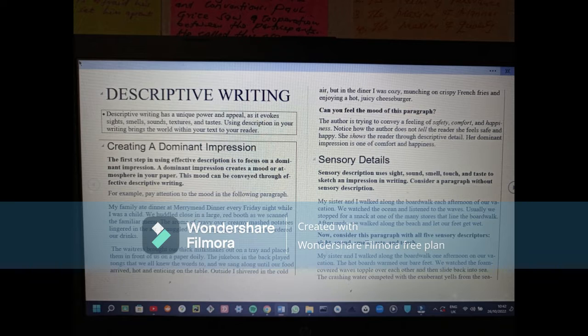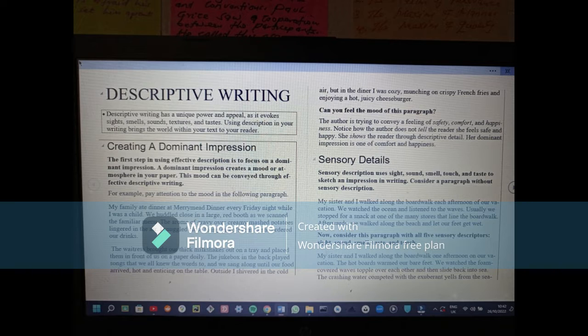So using description in your writing brings the world within your text to your reader, to your audience, whoever is reading your work or even listening. So it's a very rich genre that one can actually engage in.